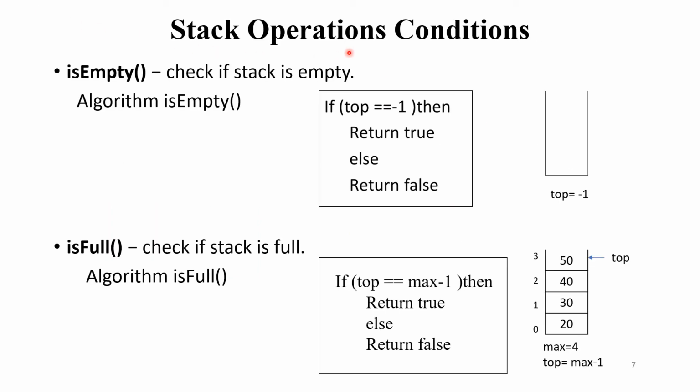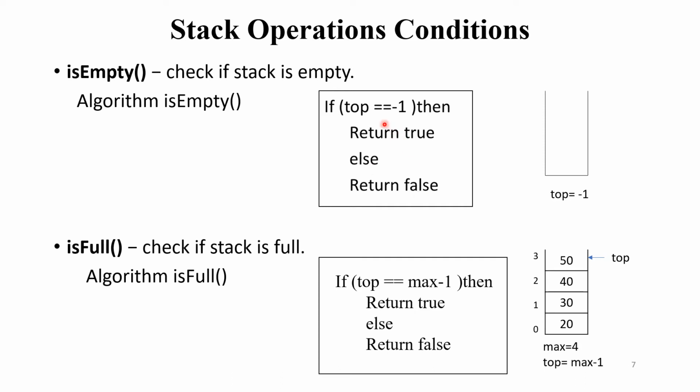Stack operations conditions. First operation is empty. This function checks if the stack is empty or not. The algorithm is: if top is equal to -1, then return true, else return false.